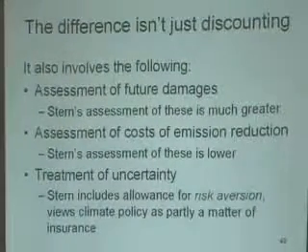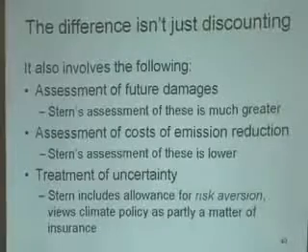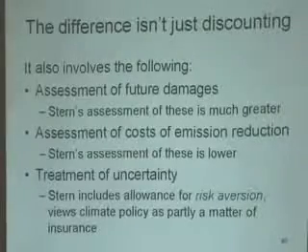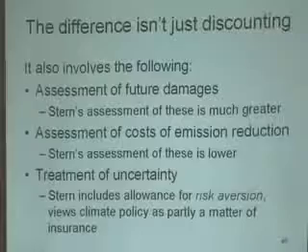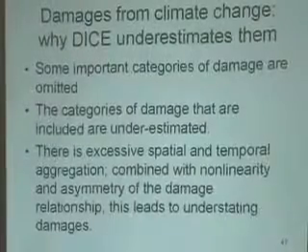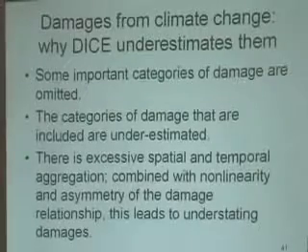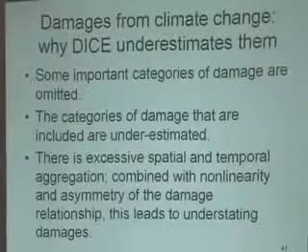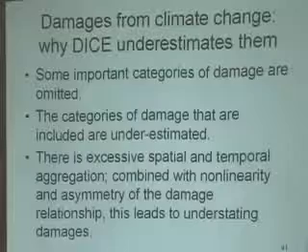Actually, there are major disagreements about the amount of the damages, about the cost of emission reduction, and about the role of uncertainty. I want to say a few things. I have been writing a paper arguing not that Stern is right, but that Nordhaus is wrong.